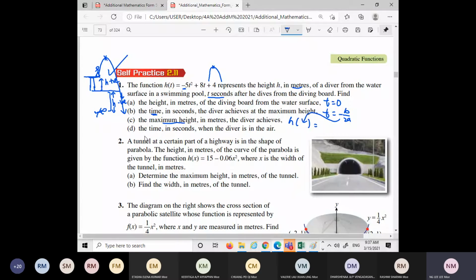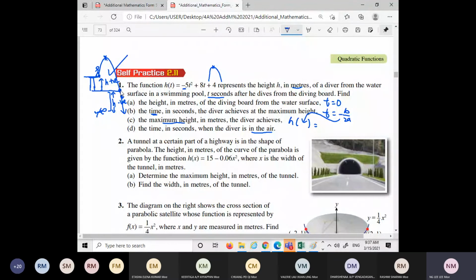Then next, the time in seconds when the diver is in the air. So how to find this? It starts from here when t equals 0, goes up, the diver is still in the air, comes down some more, still in the air until here. Then we say it goes into the water already.